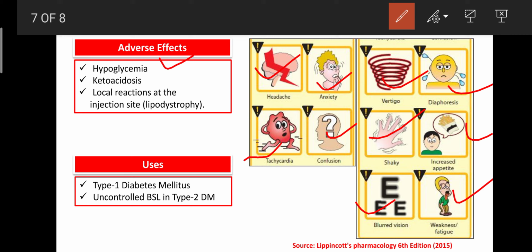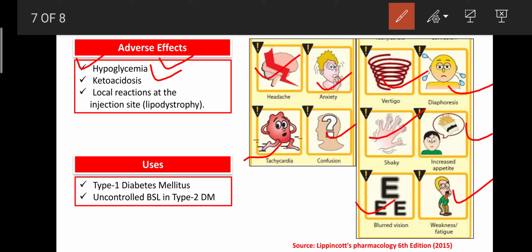Then another adverse effect of insulin is ketoacidosis, because on one side insulin can cause hypoglycemia. During hypoglycemia, ATP deficiency occurs in the muscle cells. At that time the body can get energy, ATP, from creatinine or from ketone bodies.